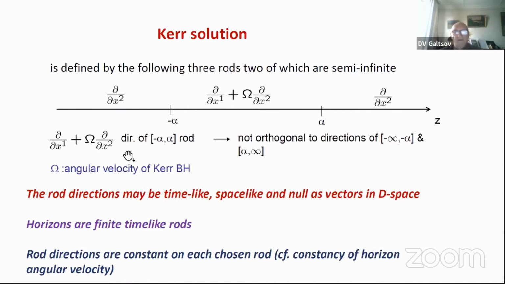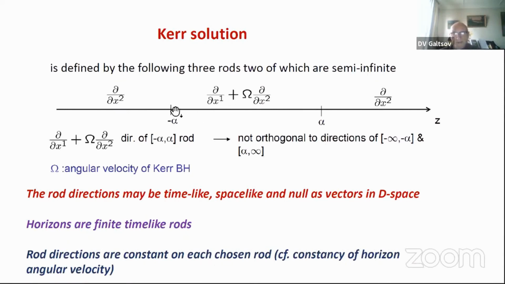We then can calculate the norm of the eigenvectors. In principle, they can be time-like, space-like, and null. Typically, in the solutions we are considering they are time-like or space-like. And all the horizons are finite time-like rods. So in this case, the rod interior is just the horizon. Now, an important claim is that vectors, which are eigenvectors of the Gram matrix, are constant along each chosen rod.